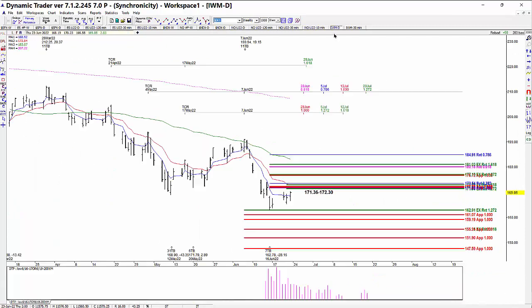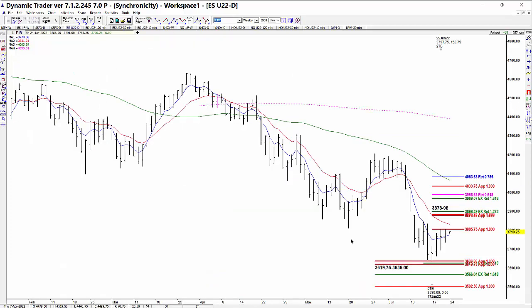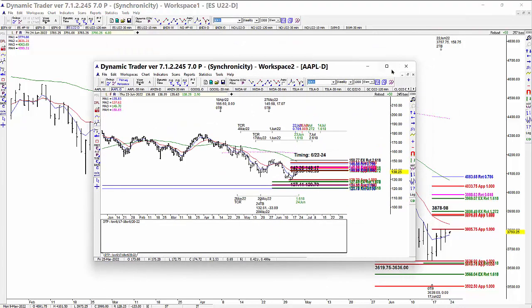For example, we have a sell setup in IWM, but it doesn't come in until 171.36 to 172.30. In S&P, we had key price support and timing, but we have to watch the resistance on the way up because it's still a downtrend.